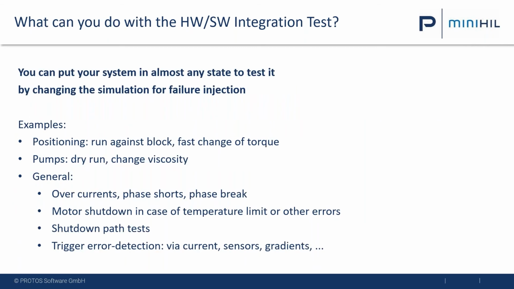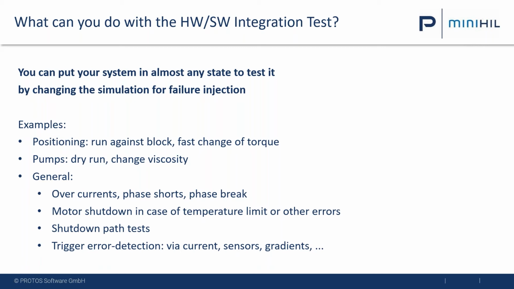So what can you do with such a hardware-software integration test? You can put your system basically in almost any state to test it, by changing the simulation or doing failure injection.